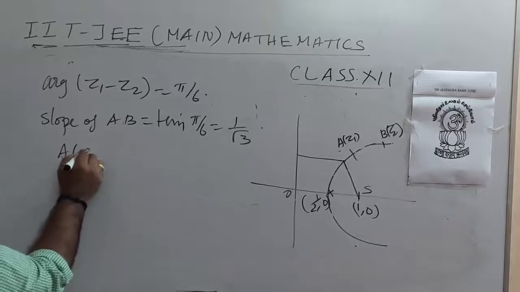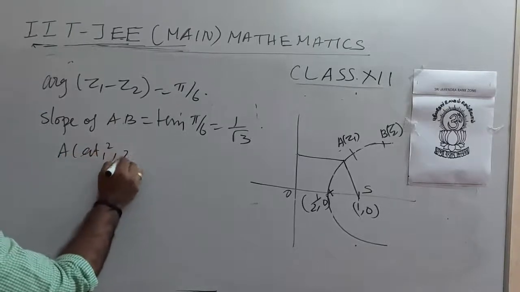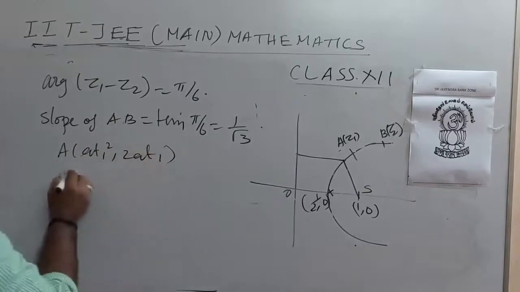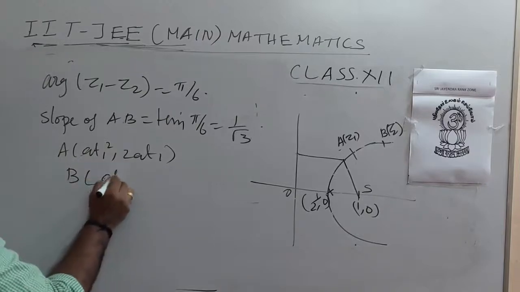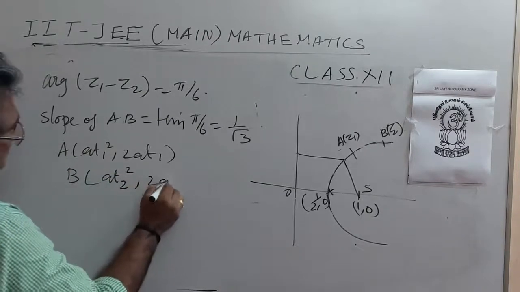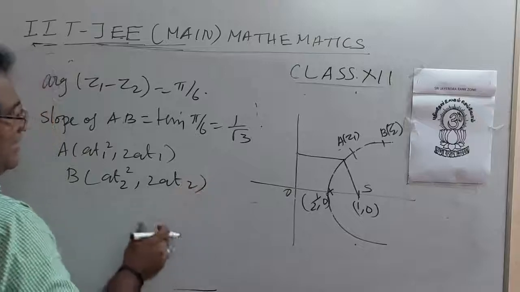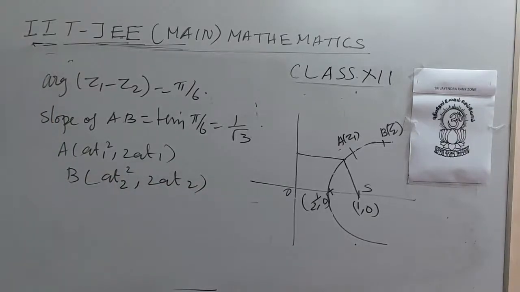Take A as (a t1 squared, 2a t1), B as (a t2 squared, 2a t2). It's a parametric representation of any point on the parabola.